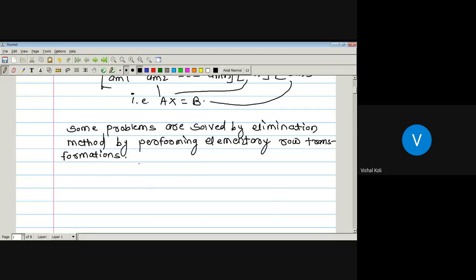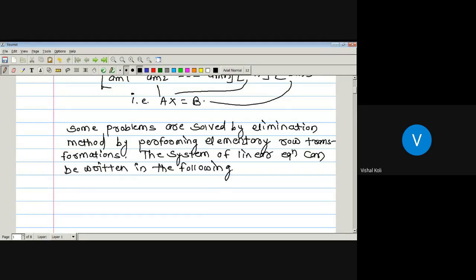And the system of linear equations, that is the above system of linear equations, can be written in the following matrix form, and it is called an augmented matrix.